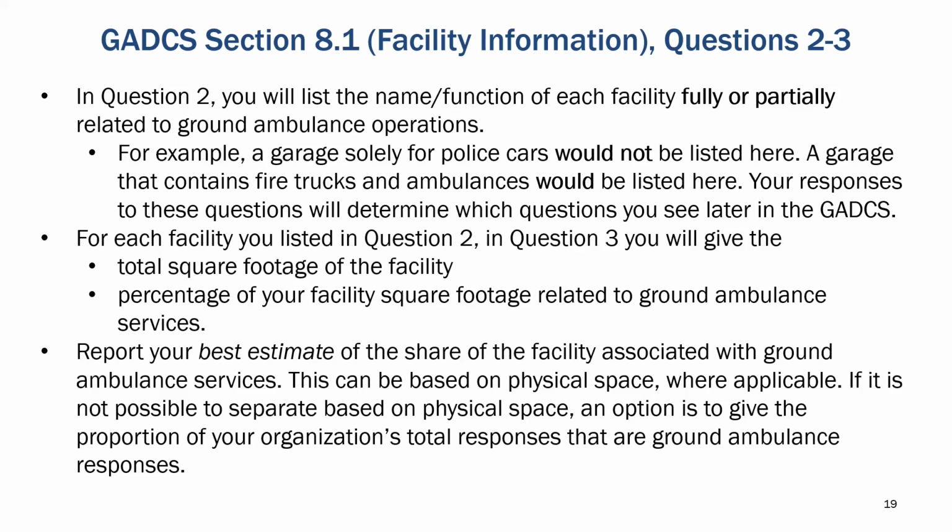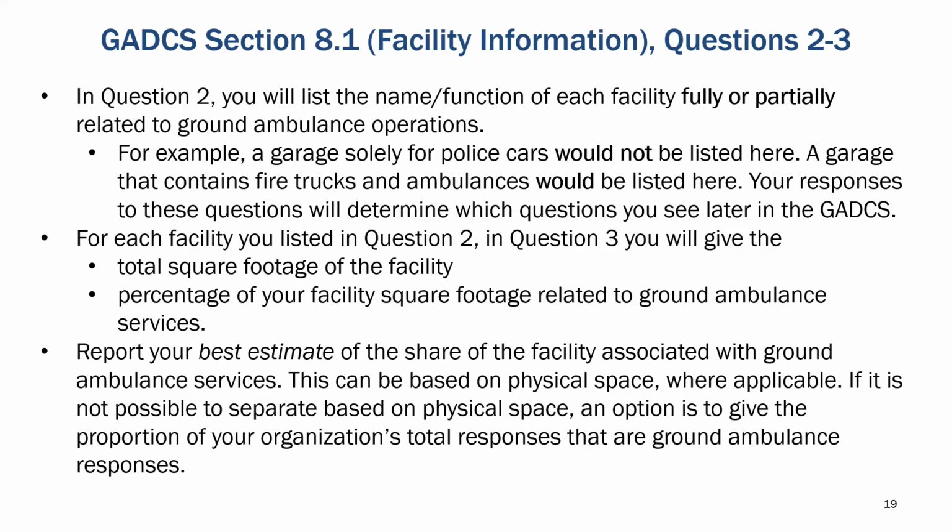In some cases, this is going to come down to how you conceptually think about the determination between what's ground ambulance related and what's fire, police, or other public safety related. There are some cases in some organizations where just looking at physical space makes sense.